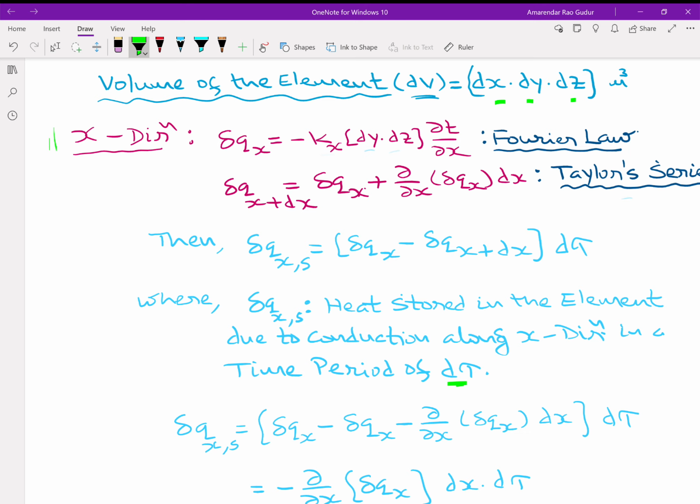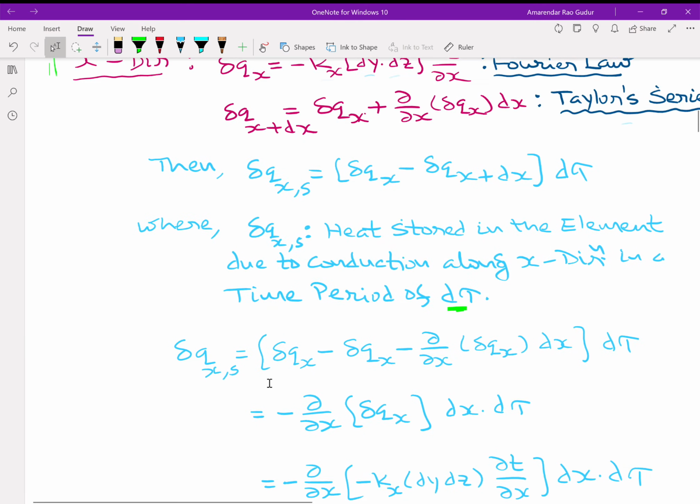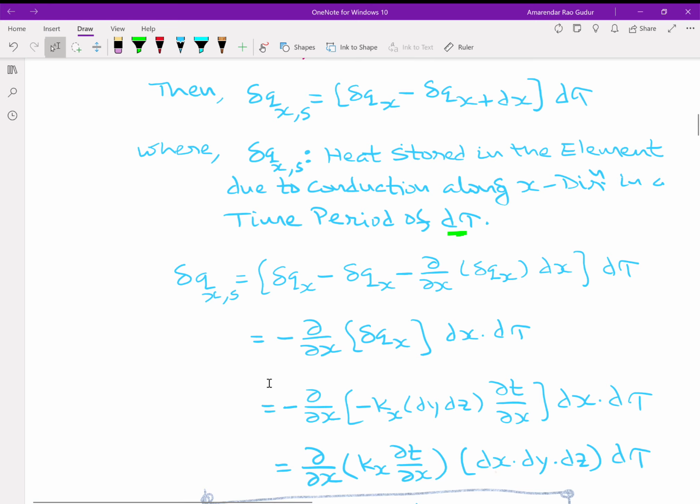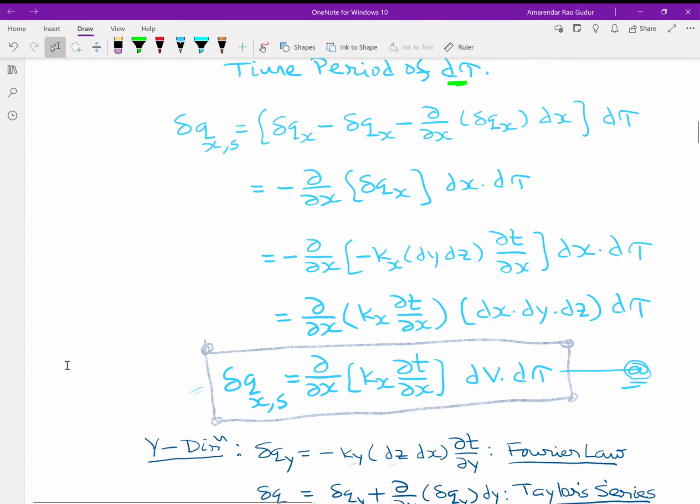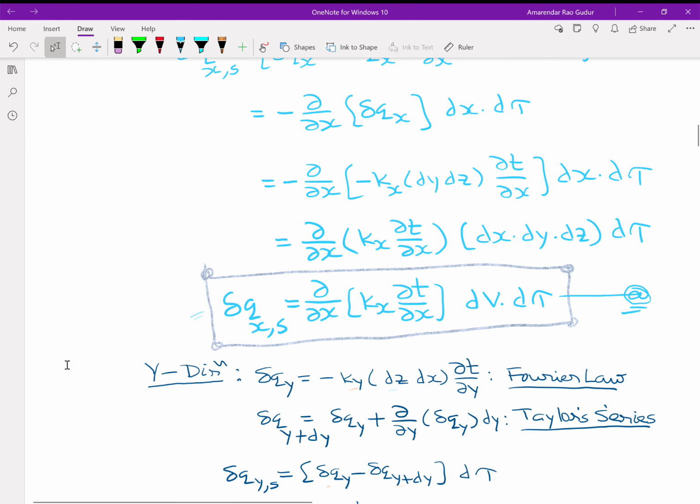Now we would incorporate the Taylor series for del Qx plus dx, then Fourier law for del Qx, and when you simplify it, we are going to get energy stored in the element due to conduction along x direction in a time period of d tau as del by del x kx del T by del x dV d tau. Here kx represents the thermal conductivity of the element along x direction.